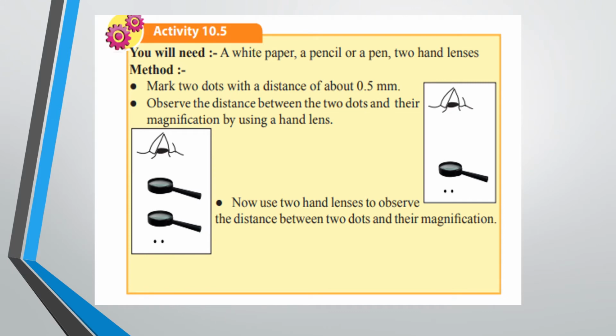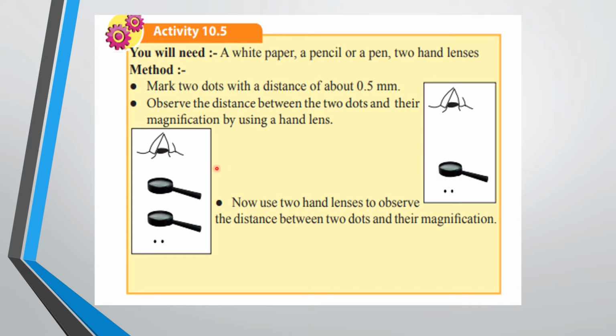So to understand what is magnification and what is resolution, you are given a simple activity in your textbook. This is activity 10.5. For that you have to use a paper and draw two dots with a distance of about 0.5 millimeters. And you have to observe those two spots using one simple microscope.